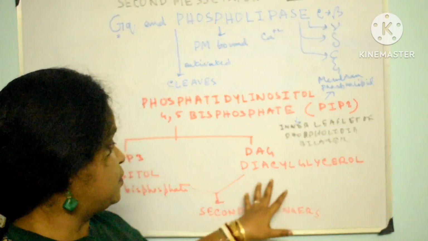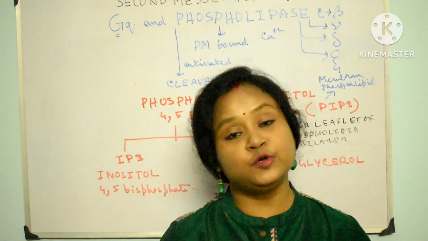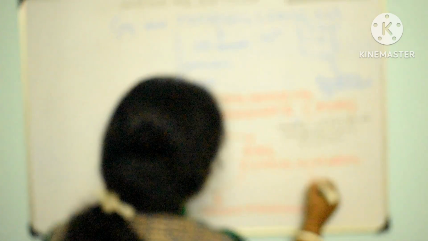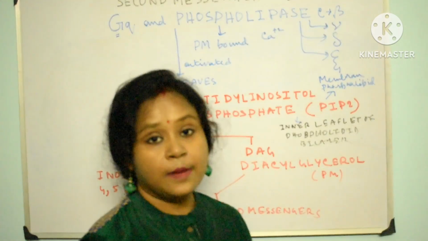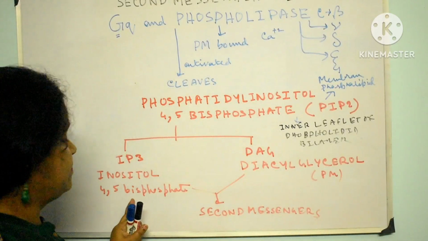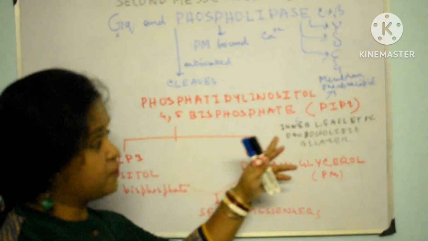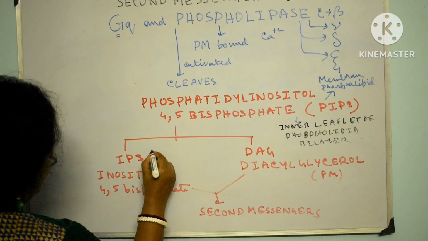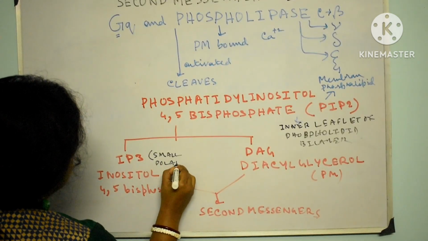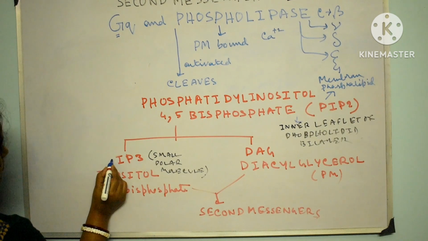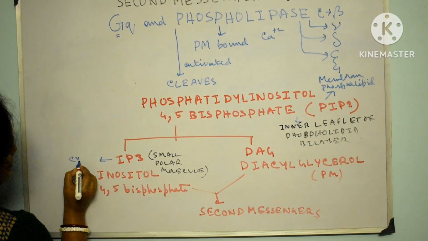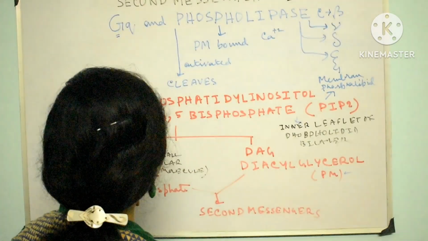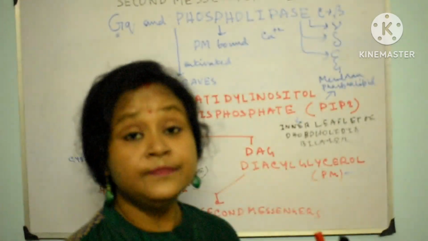One secondary messenger, DAG, remains associated with the plasma membrane, PM. The other secondary messenger, IP3, which is also produced after cleavage of PIP2, is a small polar molecule released into the cytosol. DAG is attached to the plasma membrane and IP3 is released inside the cytosol.